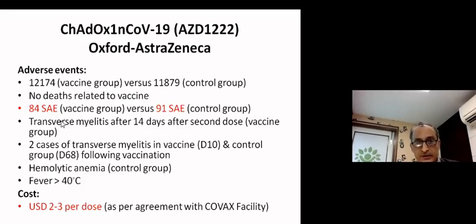You had one case of transverse myelitis 14 days after the second dose in the vaccine group, and then they had about 2 cases of transverse myelitis in the vaccine group, around day 10, and then in the control group they had 1 case of transverse myelitis. This is one of the serious side effects of this vaccine, but it is quite low.